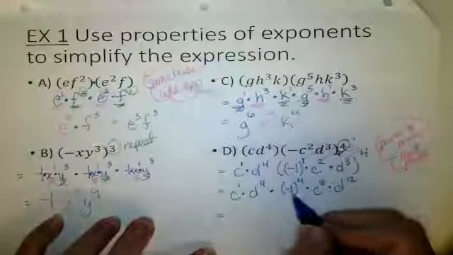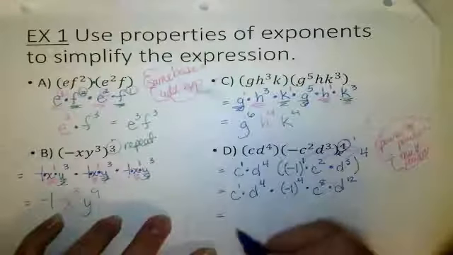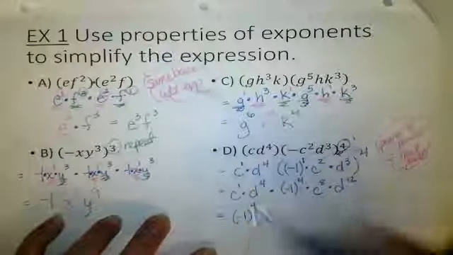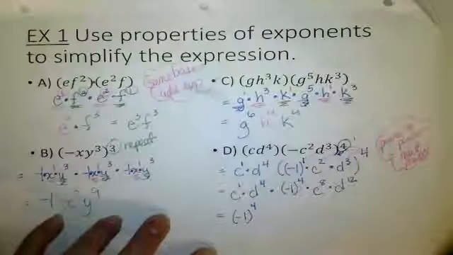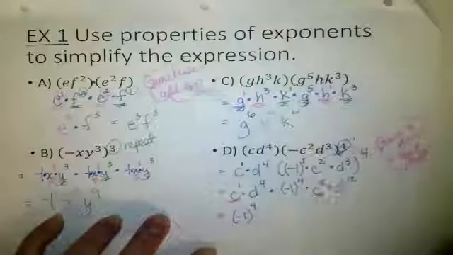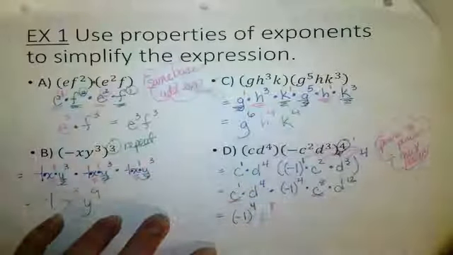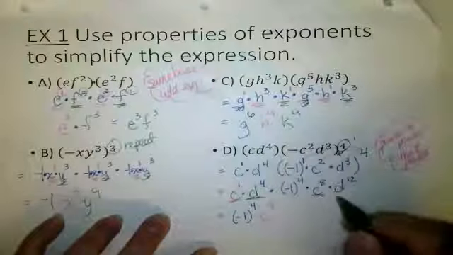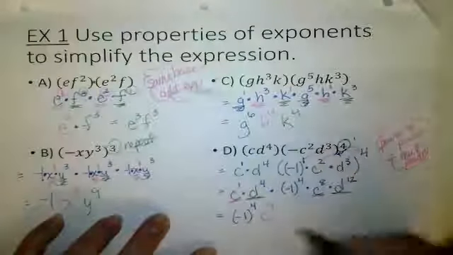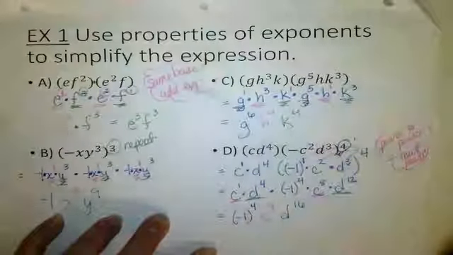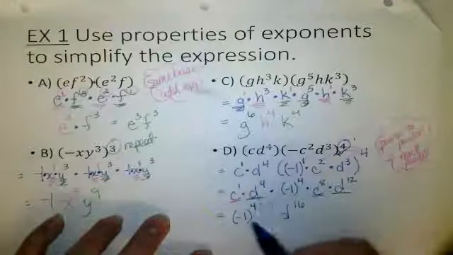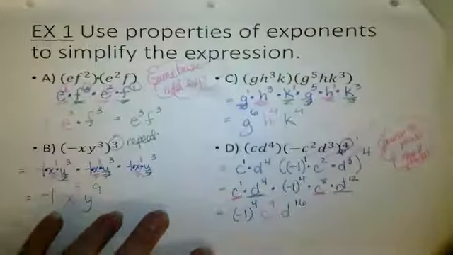Does this -1 base have a friend? No. So he's going to say -1 to the 4th power. Here, c to the 1st times c to the 8th is c to the 9th. D to the 4th times d to the 12th, d to the 16th. And what is -1 quantity to the 4th?